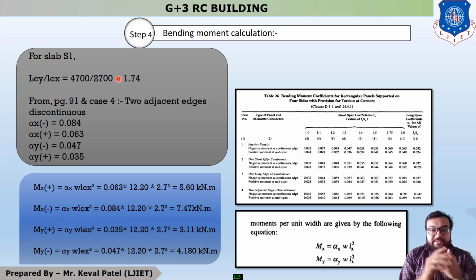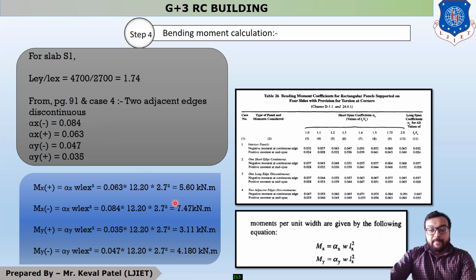So 2700 divided by 1000 gives 2.7 squared. After putting in all these values, we get Mx positive equal to 5.60 kilonewton meter. Similar calculation for Mx negative. The only change is the value of the alpha x negative coefficient, which is 0.084.